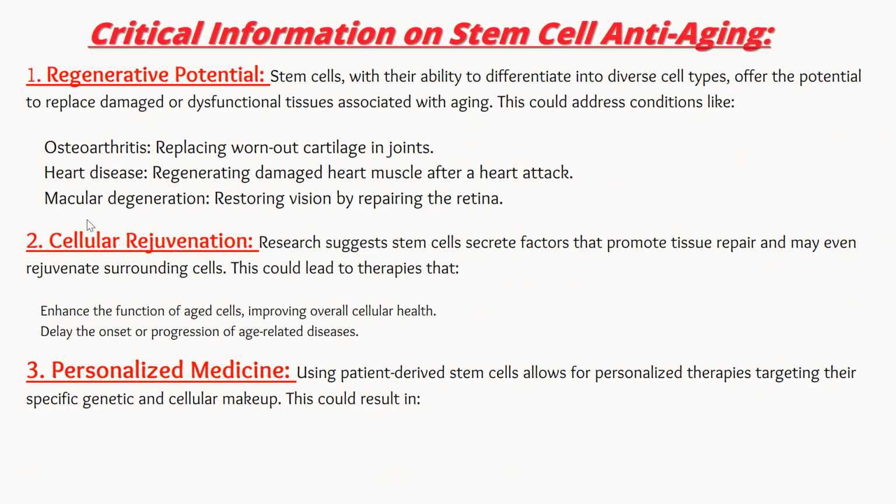I think we talked about that before, but we talk about each one in more detail. And cell rejuvenation, to enhance the function of each cell and improve overall cellular health.